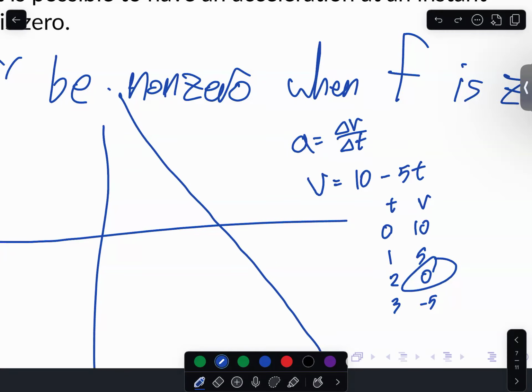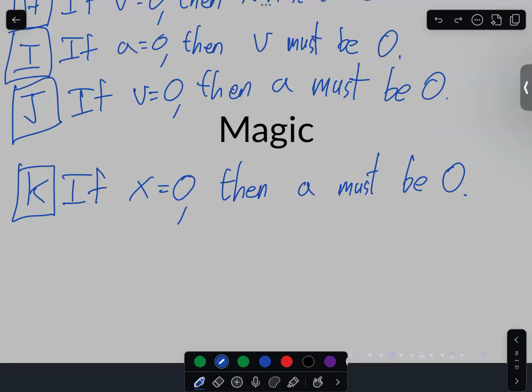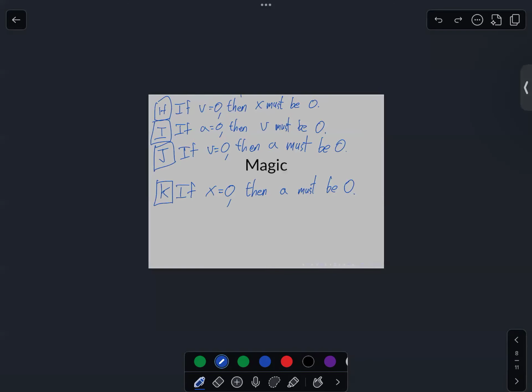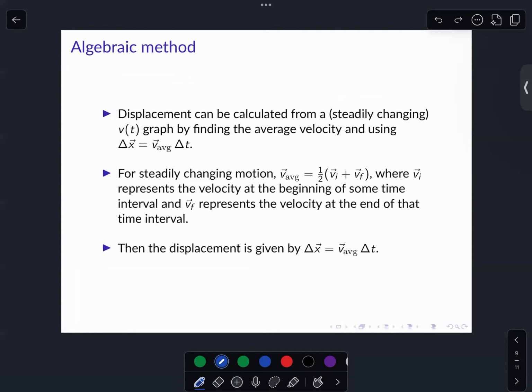Okay. Time for some magic. We've been talking a lot, because it's very important, about the relationship between values and rates. What is a value versus how is that value changing?